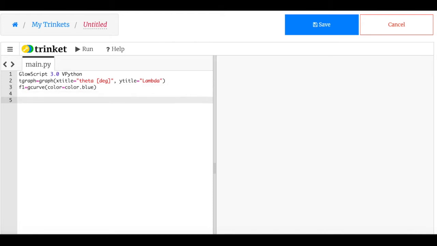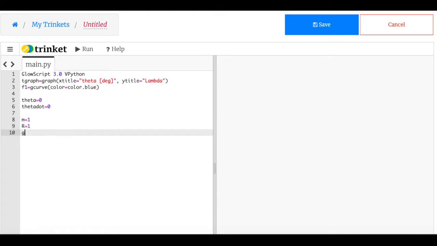Now I'm going to need my variables. Theta equals 0. Theta dot, I need to know that, got to spell it correctly, equals 0. I am going to need a mass and a radius, even though it doesn't really matter. M equals 1, R equals 1, G equals 9.8.